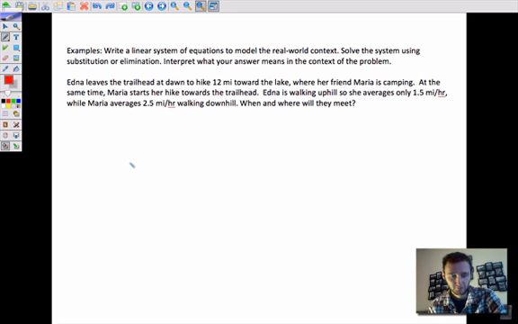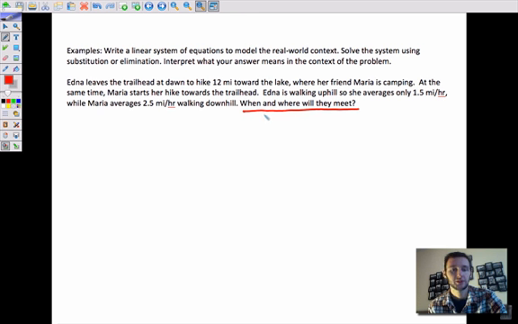Keeping in mind that question of when and where they'll meet is going to be key in how we think about this problem. First you always have to identify what the question is even asking you to do. And we've identified that it's asking you to find when and where Edna and Maria will meet.